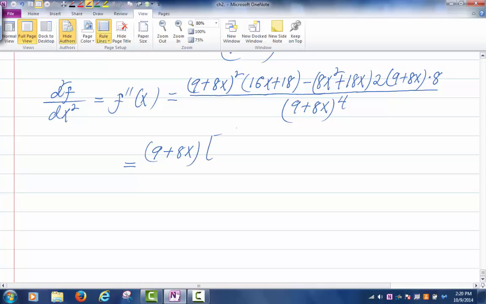If I factor that out, what am I left with? 9 plus 8x times 16x plus 18, minus 16 times 8x squared plus 18x, right? Is that right?